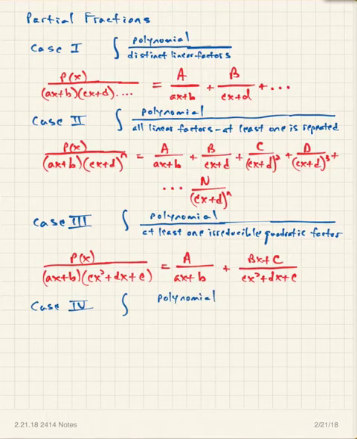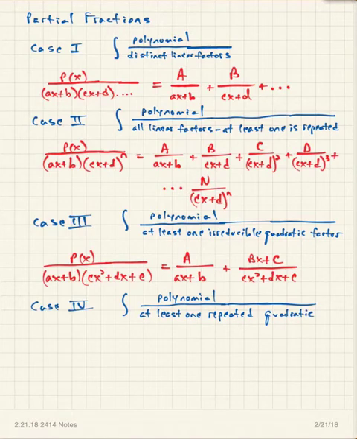And then in the denominator, you have at least one repeated quadratic. And again, the quadratic has to be irreducible here. Because if it's reducible, in other words, if it factors, then you don't have case 4, you have one of the earlier cases, either case 1 or case 2.